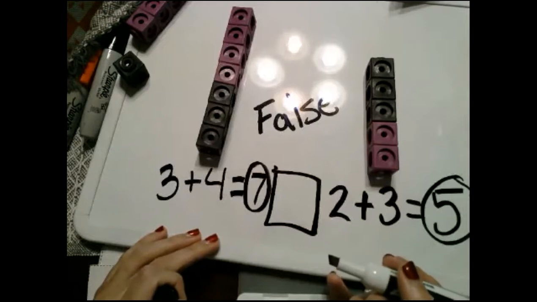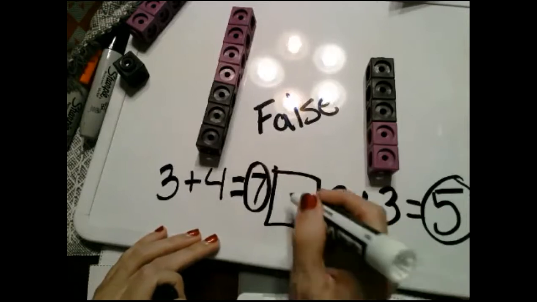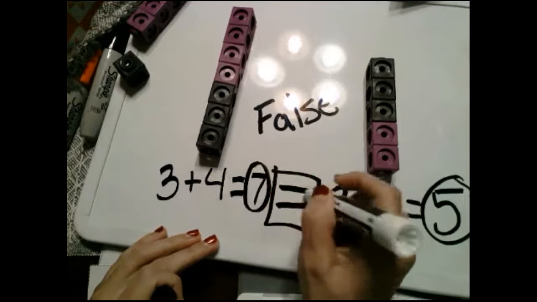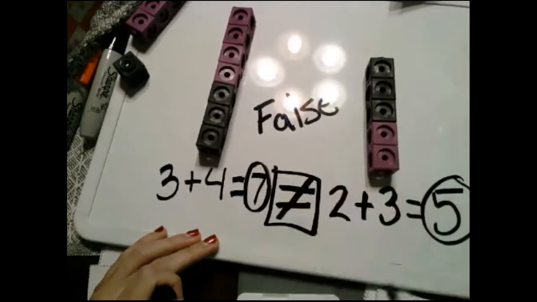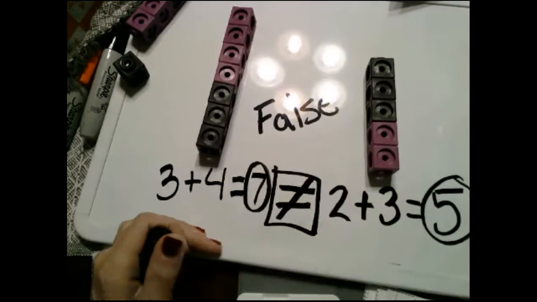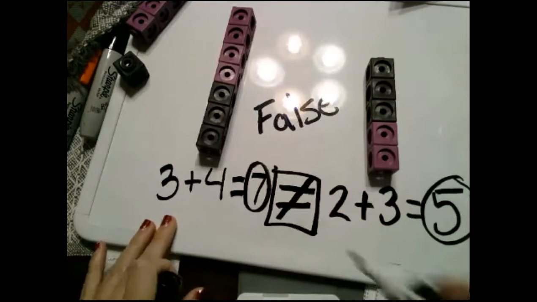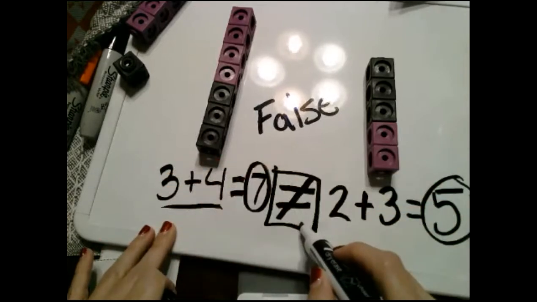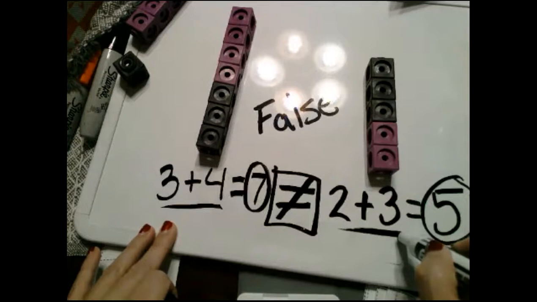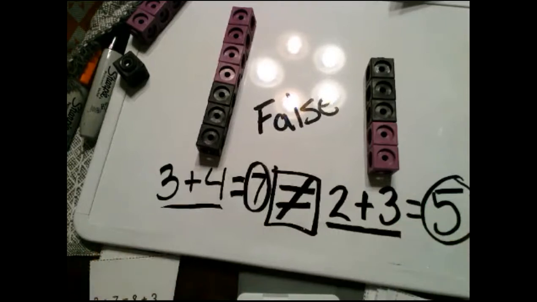And I can show that with an equal sign with a line through it. That means not equal. 3 plus 4 is not equal to 2 plus 3. That would be false.